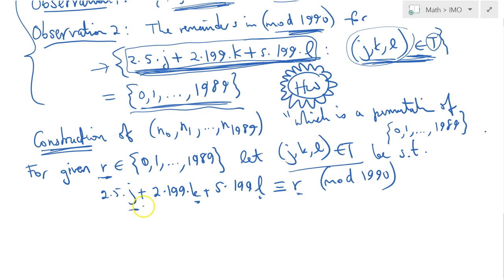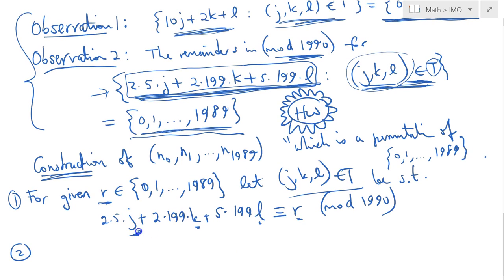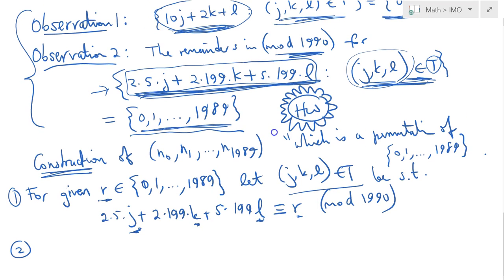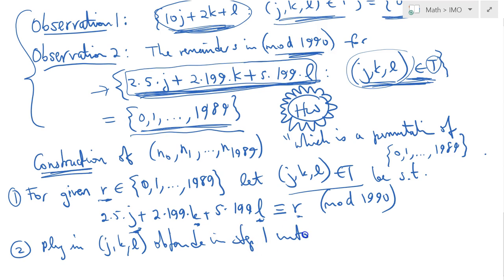So once you have this j, k, l, this was step 1. In step 2, you plug in those values of j, k, and l into the expression in the first result, right? So plug in j, k, l obtained in step 1 into this expression 10j plus 2k plus l to get n_R, basically.